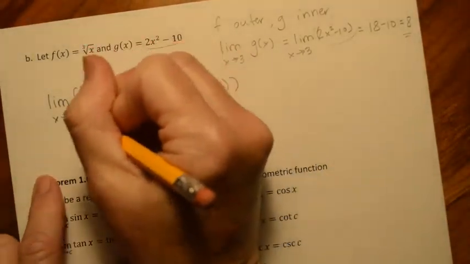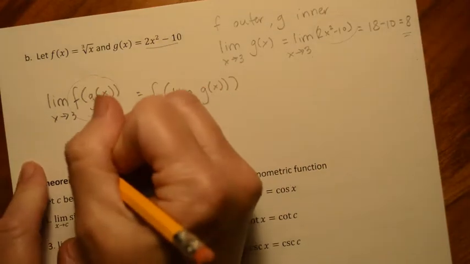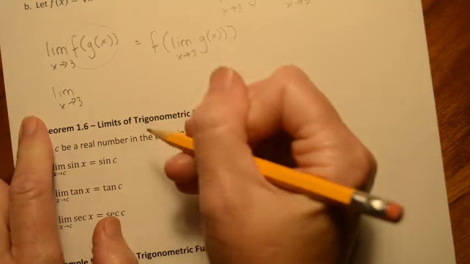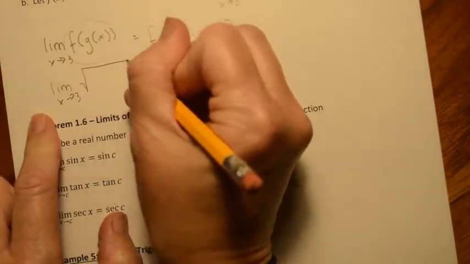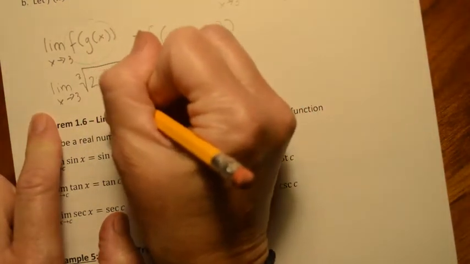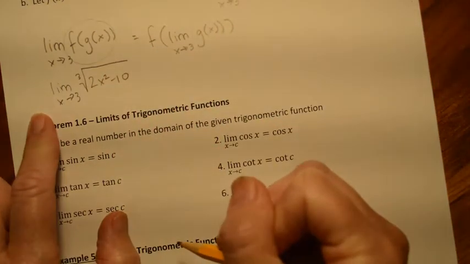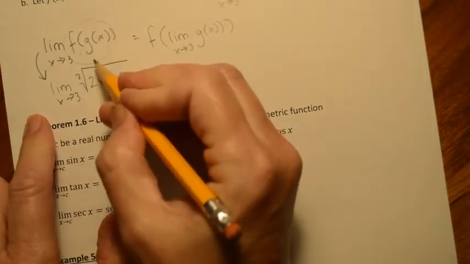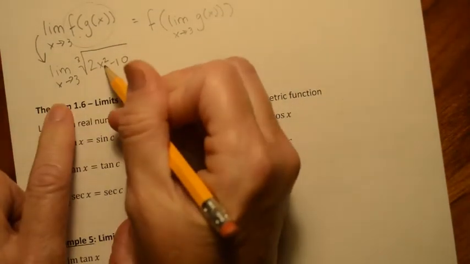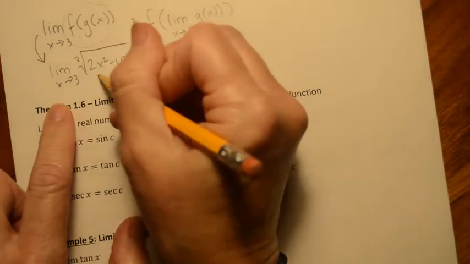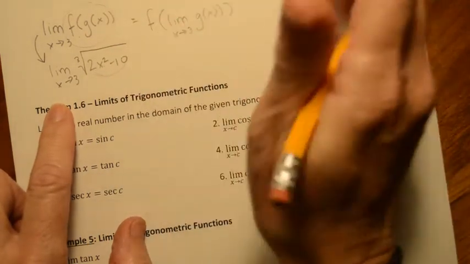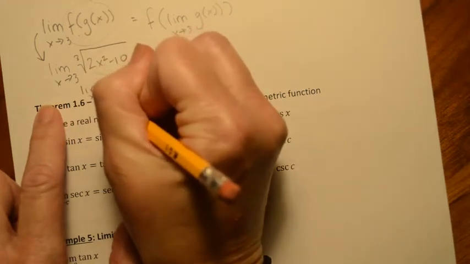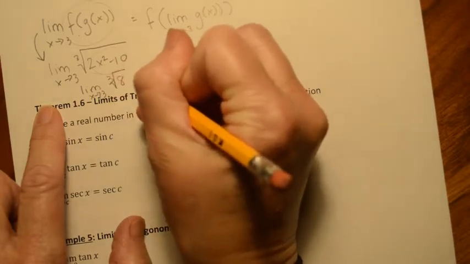So one way is we can find f of g of x, which is, again, I'm sorry, I always go too low on these, the cube root of 2x squared minus 10. So one way would be to go this way, where we actually find f of g of x and take the limit of it. So we can just do direct substitution here. If I plug in 3 into here, I just found out that I get 8. So then it's the limit as x approaches 3 of the cube root of 8, which is 2.